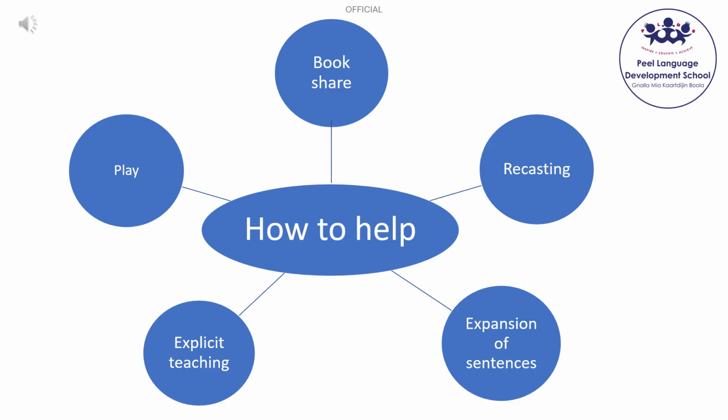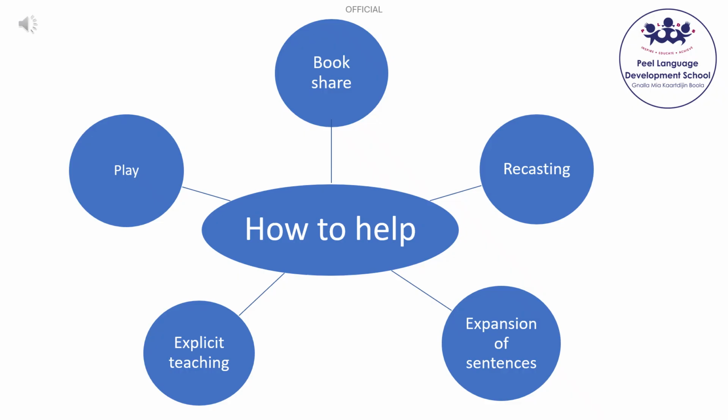So for example, during a conversation, your child may say, him come back his home, and you could say something like, he went back to his home. What happened when he went home? And then the conversation can continue. Try not to repeat the error back to your child, as this will reinforce the error. Instead, say the correct form back to them multiple times, giving them opportunities to hear the grammatically correct sentence.